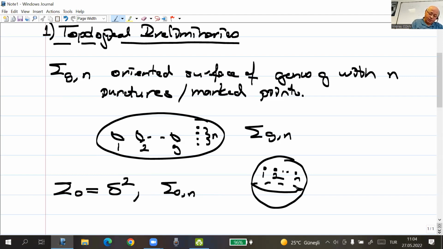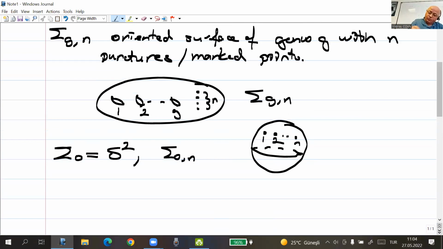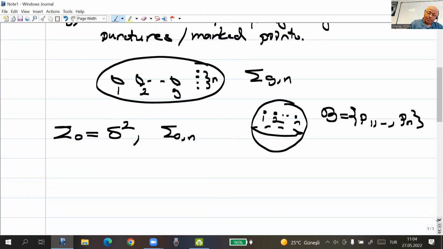And let's denote the set of marked points as B. So these are the set of marked points or punctures.